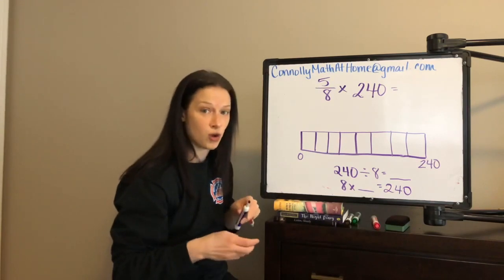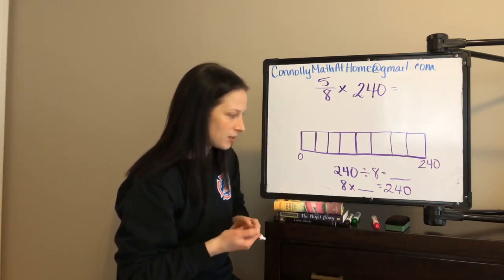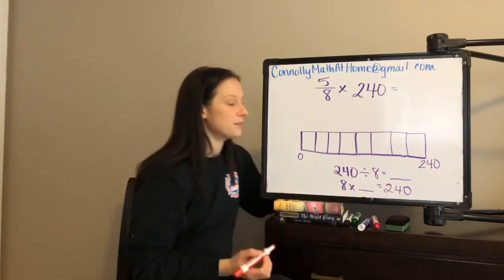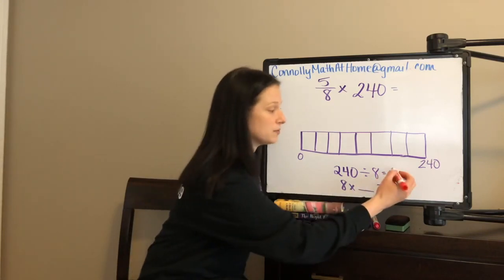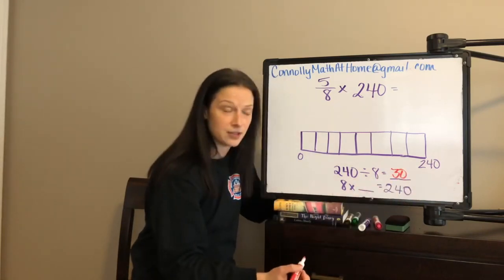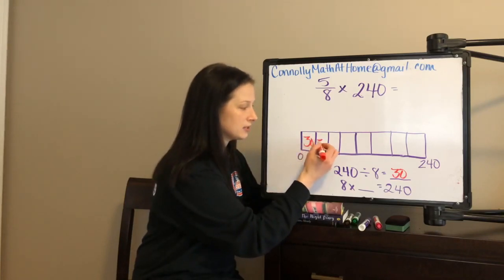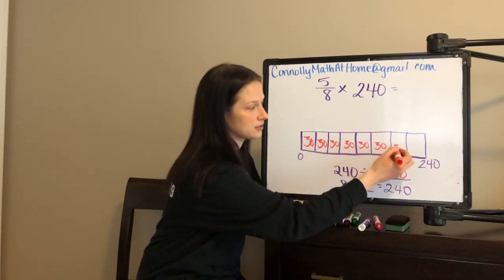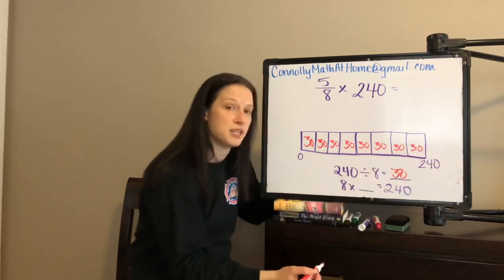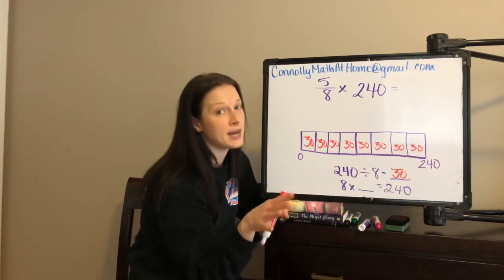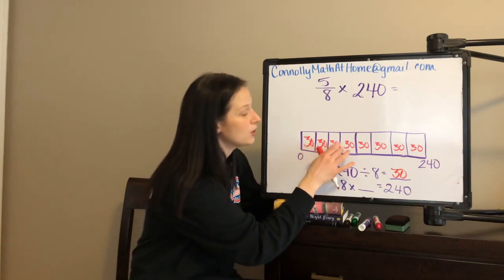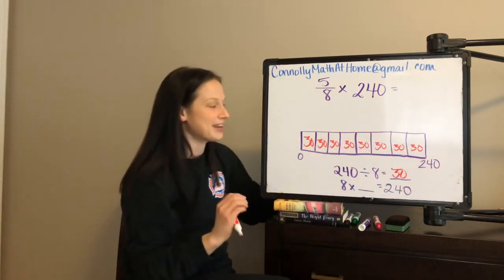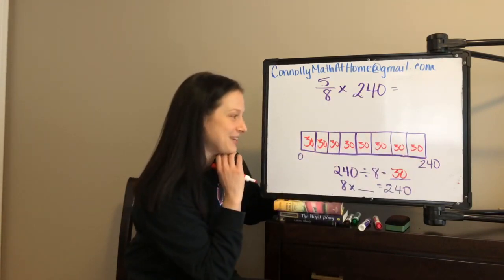And since you're fluent with your multiplication and division and thinking about using your basic math facts to help you solve, you know that each piece is going to be worth 30 miles. So 1/8 is 30, the next eighth is 30. So if I split this race into 8 equal parts, each piece is worth 30. And again, I always like to double check: 30, 60, 90, 120, 150, 180, 210, 240. Sometimes teachers have to stop and think too.